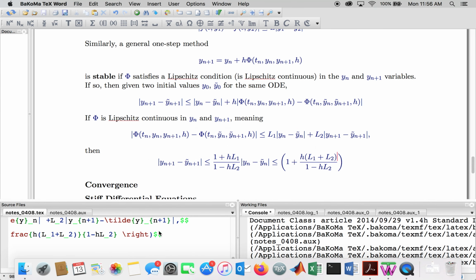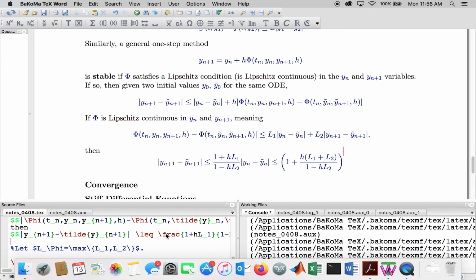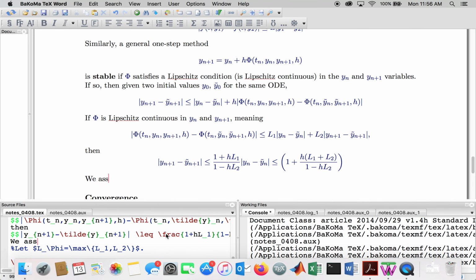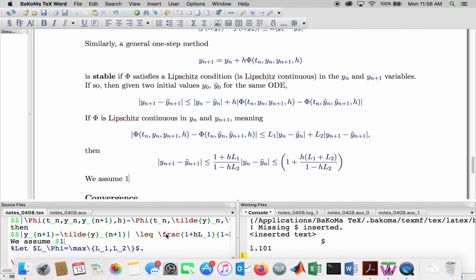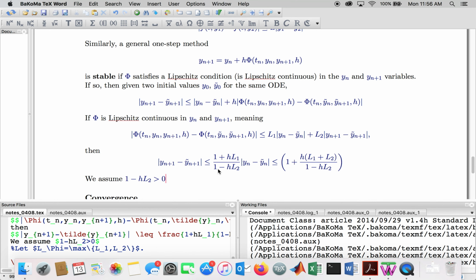So I'm going to make an assumption on h. We assume that 1 minus hL2 is positive. We certainly don't want division by 0 here.